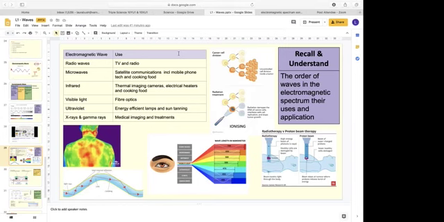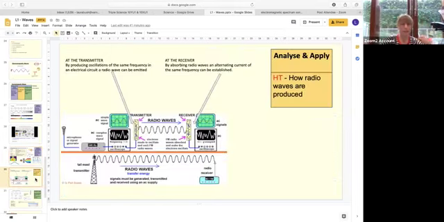We've had a request to go over slide 30 again, Miss. Slide 30, this one, yeah, absolutely. So this is the radio wave slide, okay? So here we have, this links back into your understanding of electricity, okay, and alternating currents and direct currents. So we know that an alternating current is one that flips backwards and forwards, backwards and forwards, okay, whereas a direct current just goes in one direction only.